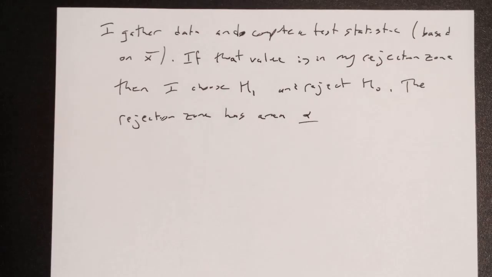So the rejection zone has a total area of alpha. So I wanted to be 95% certain, and the 95% is the unshaded part, and the 5% is the shaded part. In a right tail test, that means I need to know the value where I cut off 5%.